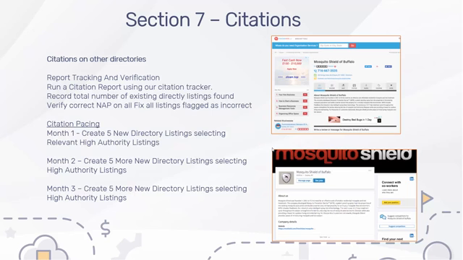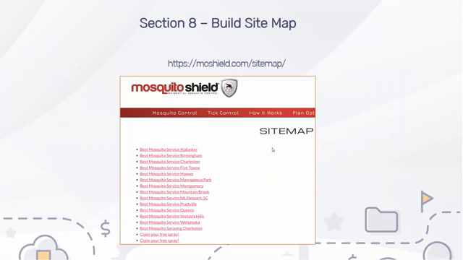So citations is 7. Sitemap. Sitemap is basically a listing of all the links on the website. So let's say, for example, your website now has, instead of 10 pages, let's say GB came and dissected the website and created a unique link for each one of the services, and you now have 20 pages on the website. Each page has a unique URL.